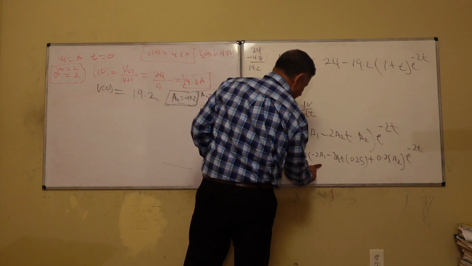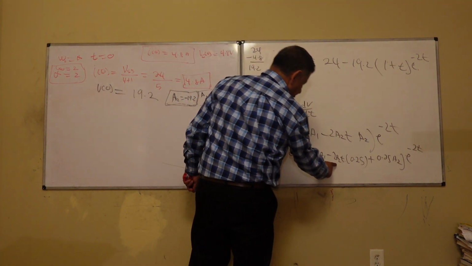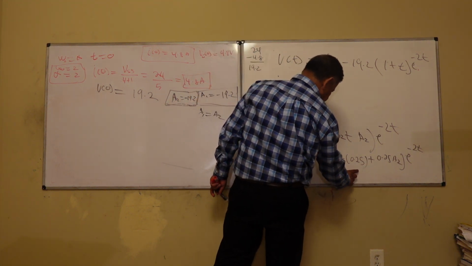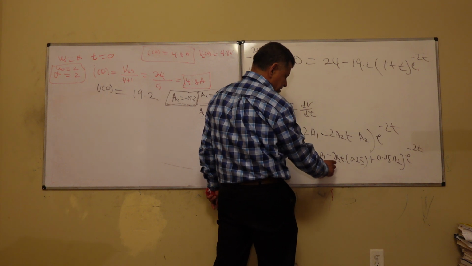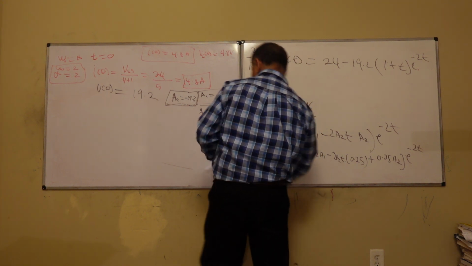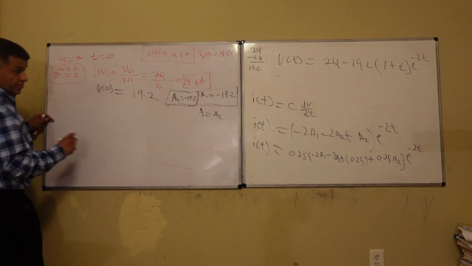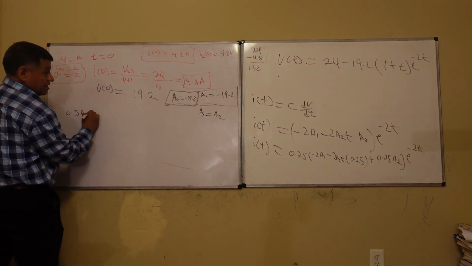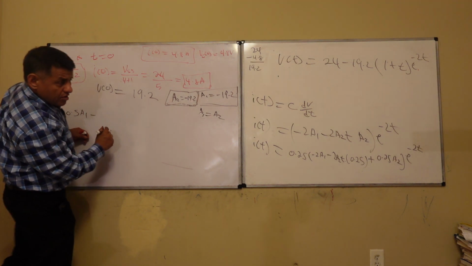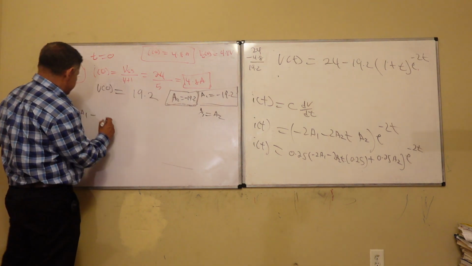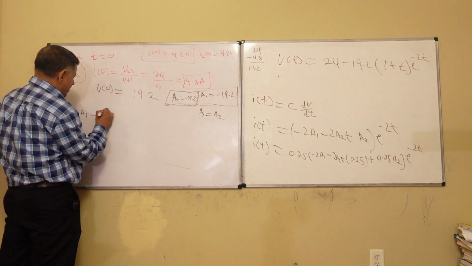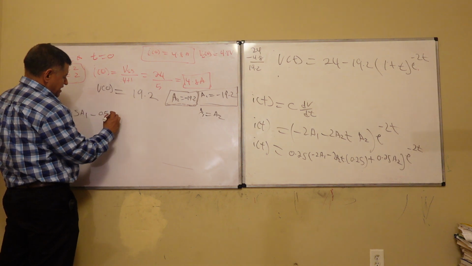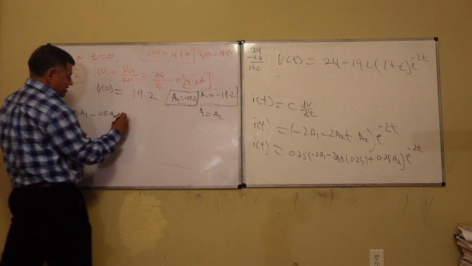Now multiplying this. This is equal to 0.5, that is equal to 0.5 t times the A2. So we do 0.5 A1 minus 0.5 A2 t.